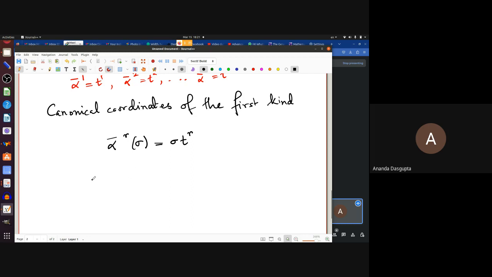But this is true in general: alpha bar J sigma is sigma T J. The coordinates of the point at sigma equal to 1, the coordinates of all the other points are just basically scale factors of that.